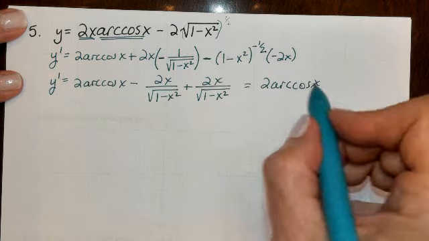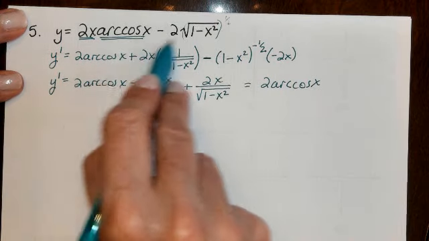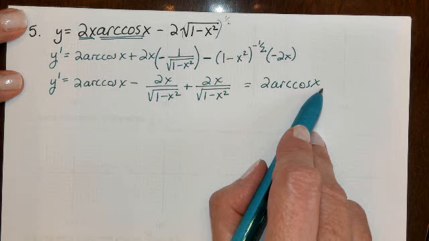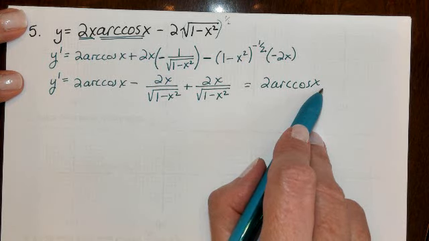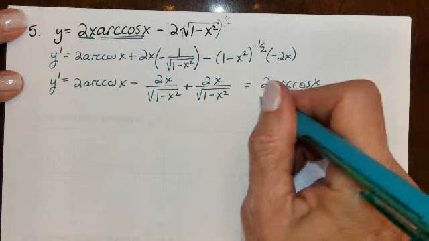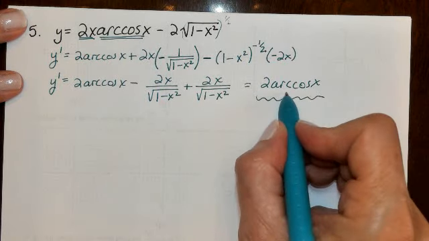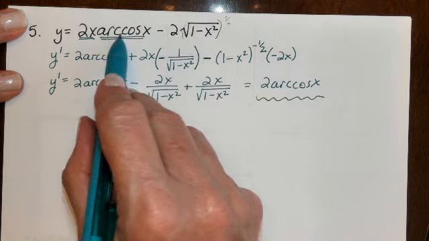So the derivative of this is 2 arc cosine x. That's interesting because that means the antiderivative of arc cosine x would look something like this.